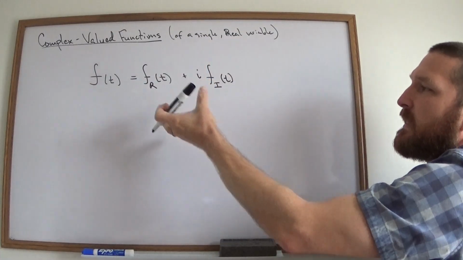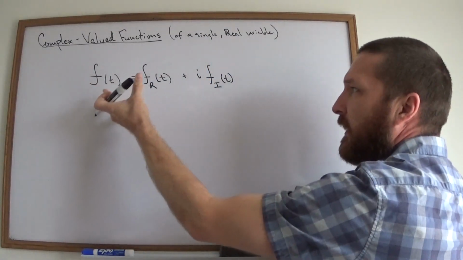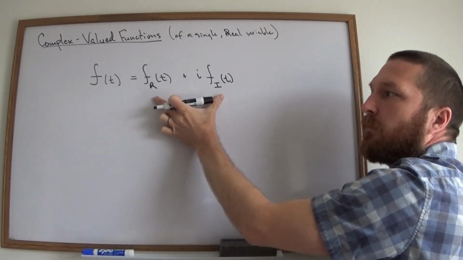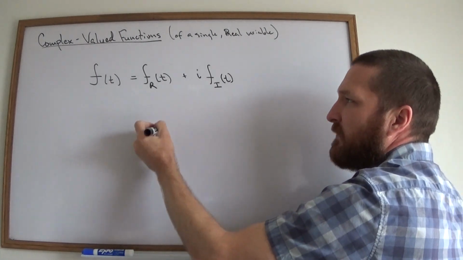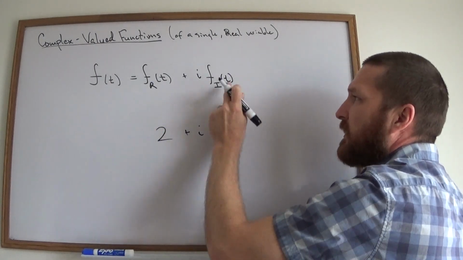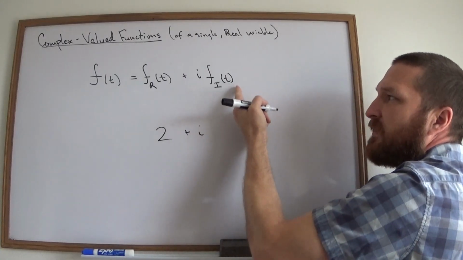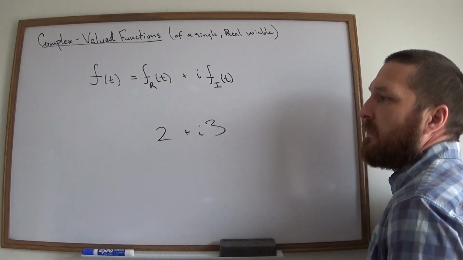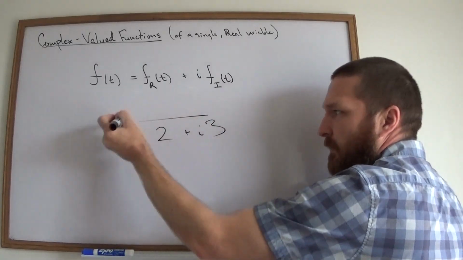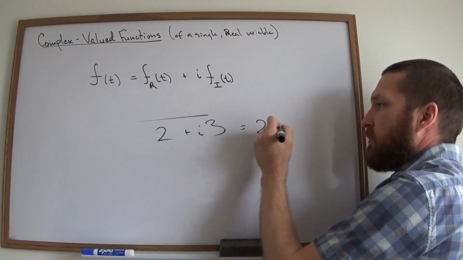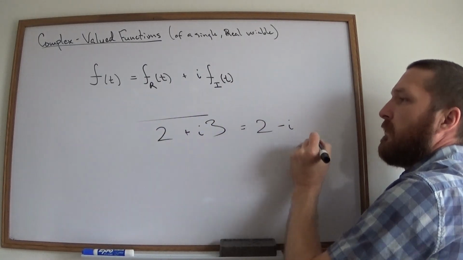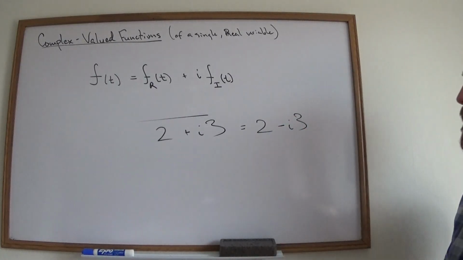You chose some t, say 5, you plug it in and out pops some complex number. Maybe you plugged in a 5 and you got a 2 here, and a 3 here. So we could take its complex conjugate, and that would be 2 minus I times 3.